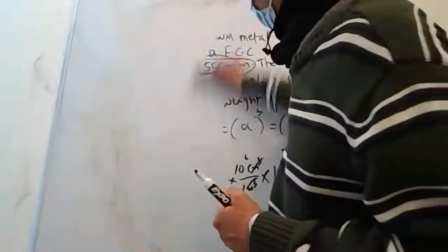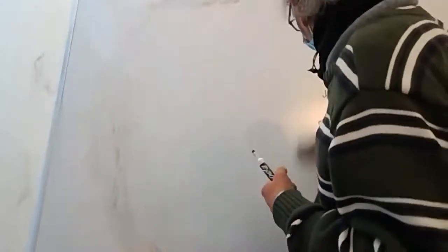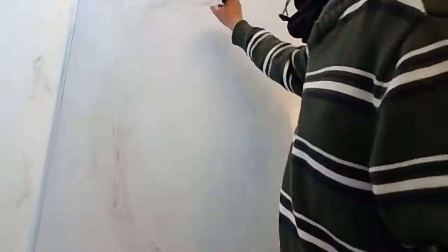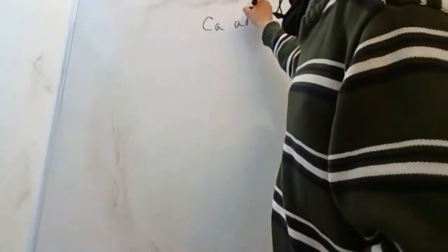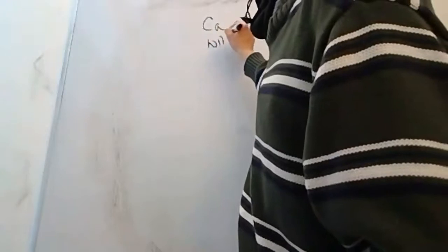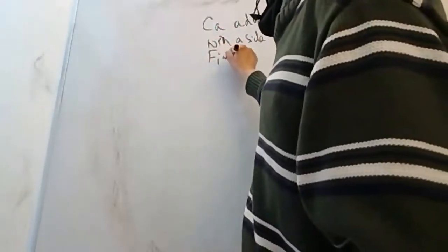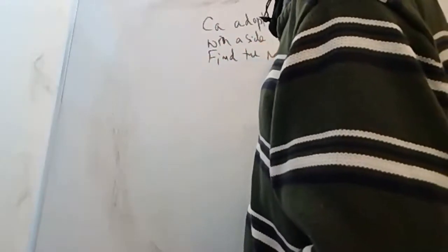So the next thing is, calcium adopts an FCC lattice type with a side of 0.556 nanometers. Find the radius of calcium.